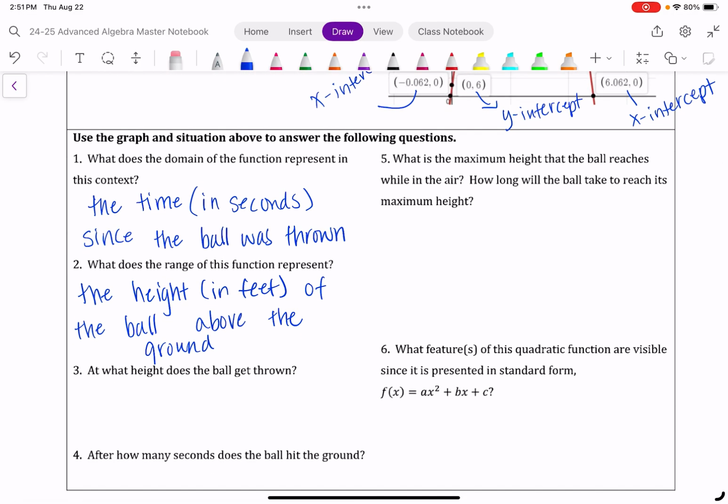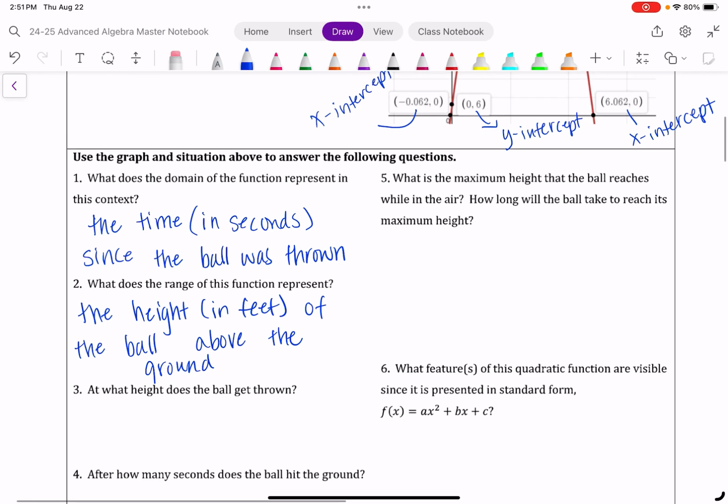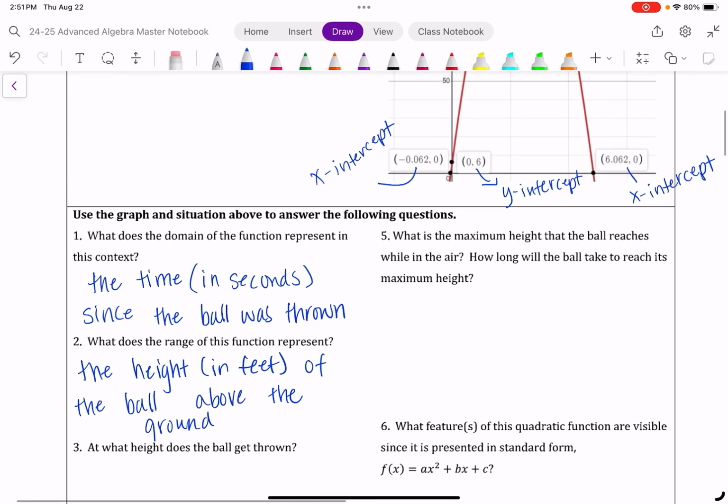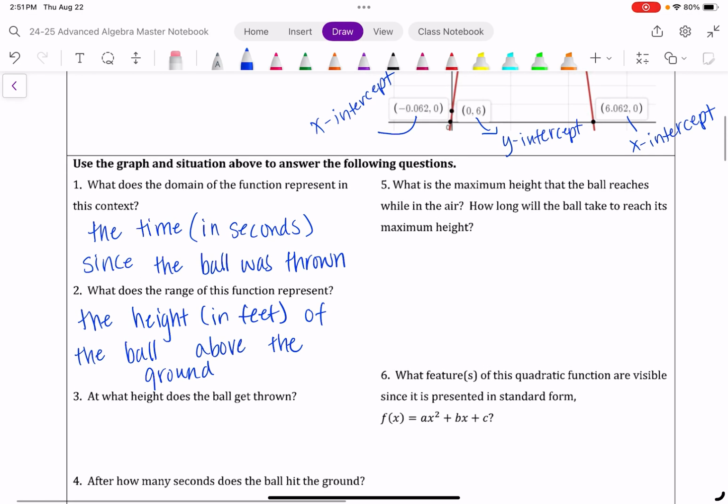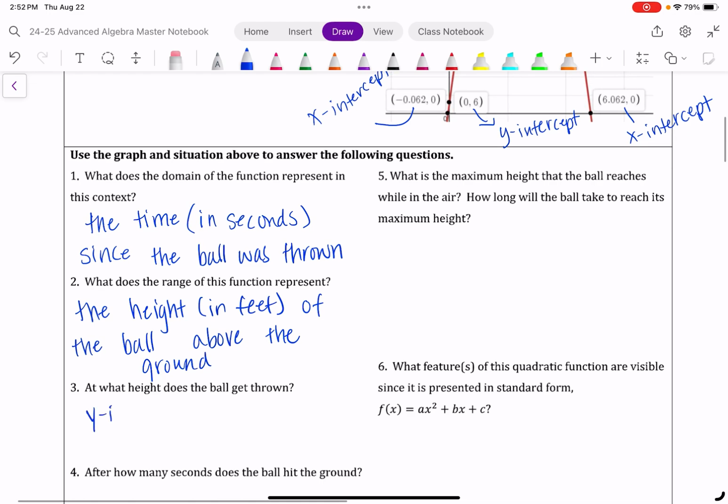It asked, at what height does the ball get thrown? Well, if we think about that, that is our y-intercept, which is (0, 6), so that would be 6 feet.